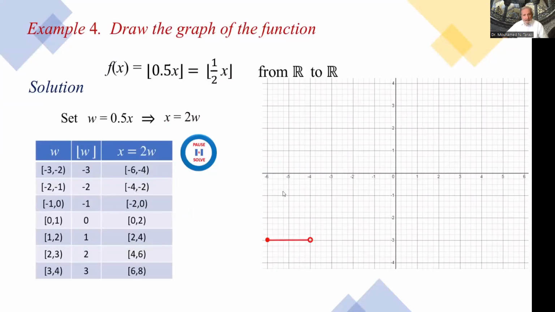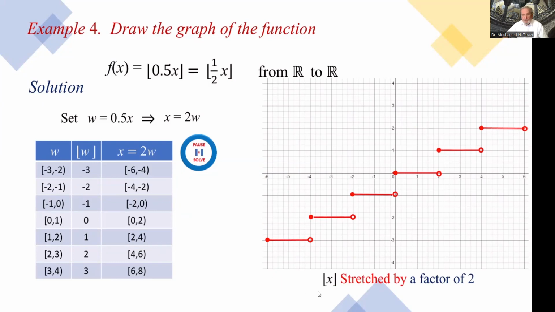Between -4 and -2 is -2. Between -2 and 0 is -1. Between 0 and 2 is 0. Between 2 and 4 is 1. Between 4 and 6 is 2. This one is not drawn.